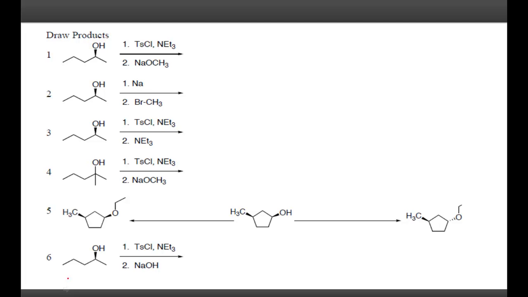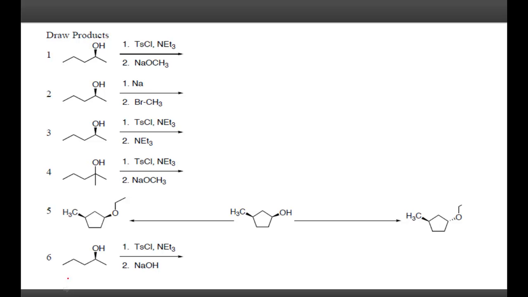So you've got to learn to focus on the stereochemistry. It's not enough to focus on the product alone. Product with the stereochemical information is important.